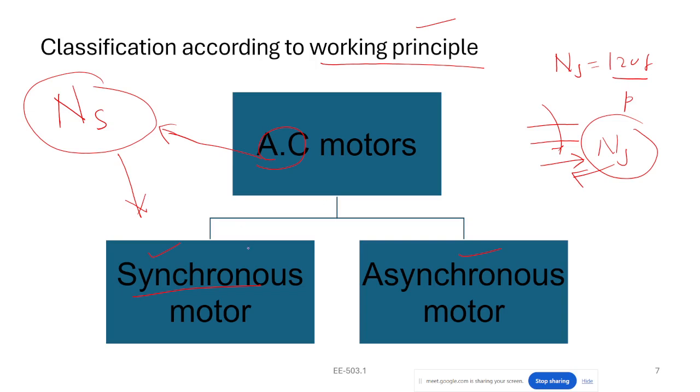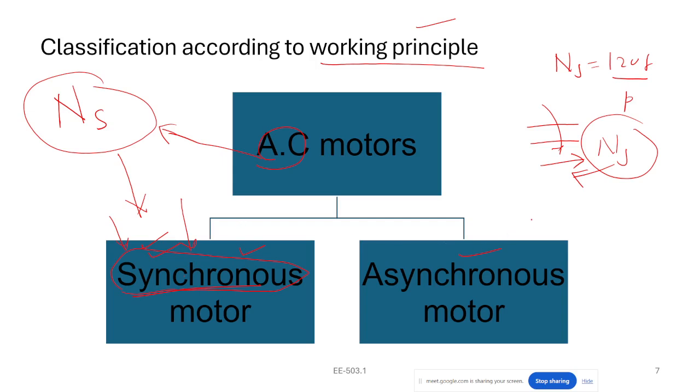That type of motor is called a synchronous motor. One example is the alternator. An alternator is a generator, so sometimes alternators are also called synchronous generators. The speed also runs at the synchronous speed, that's why alternators are synchronous generators.